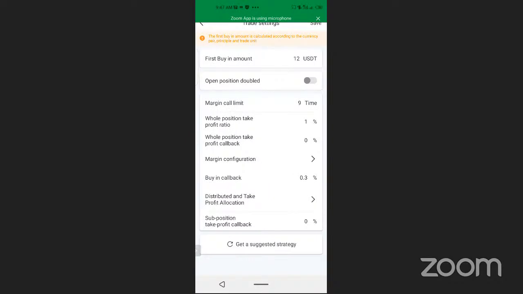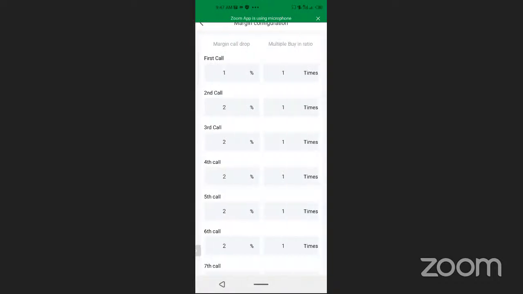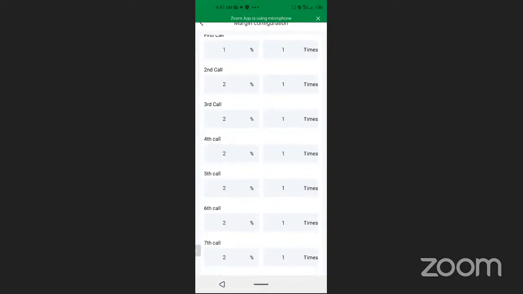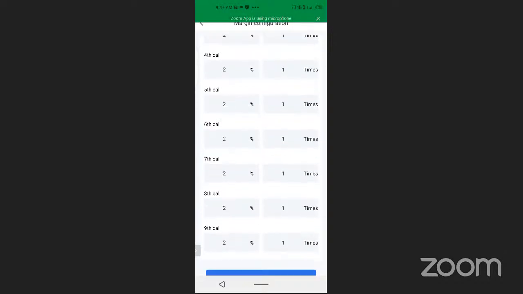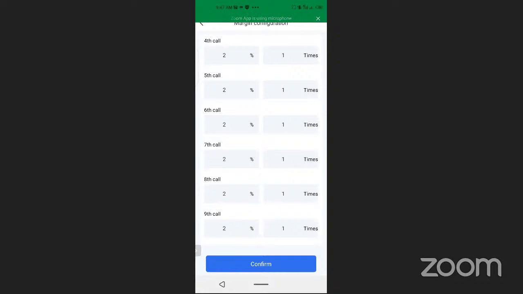My leader, can you see it? I'm seeing. Okay. Go to your margin call configurations. This is what I personally tried to arrange yesterday for myself. Yes, even if the market keeps going deep, you understand?